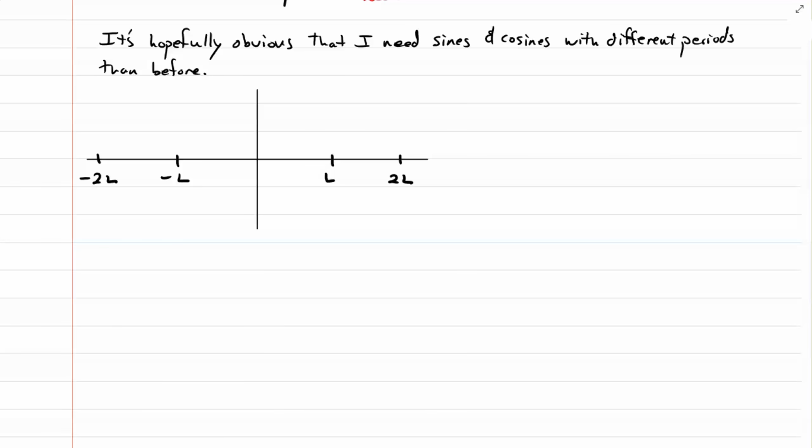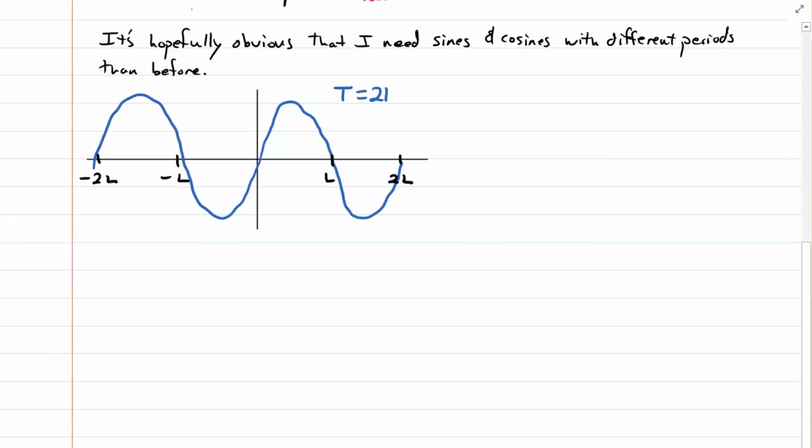So what kind of sines and cosines should I use? Well, hopefully it's not too hard to see that the lowest one, the n equals 1 term, should be the one which has a period of 2L. So it should go kind of like this and then come back there, right? So this would be the lowest one. This is the sine wave which has a period of 2L, and that will be n equals 1.